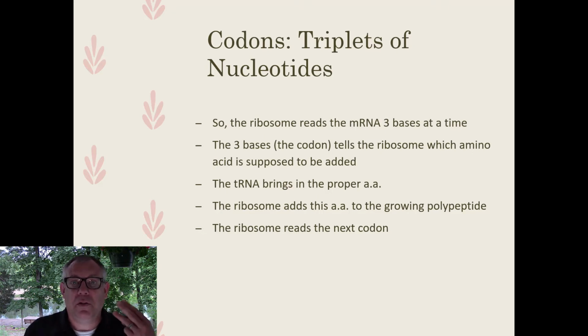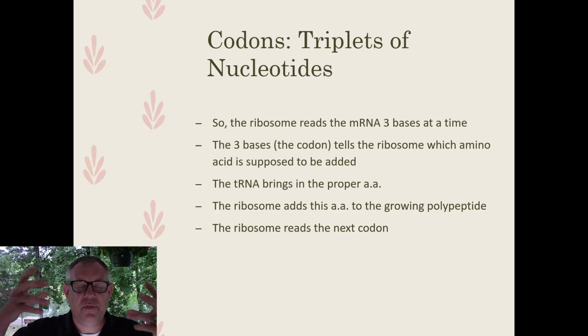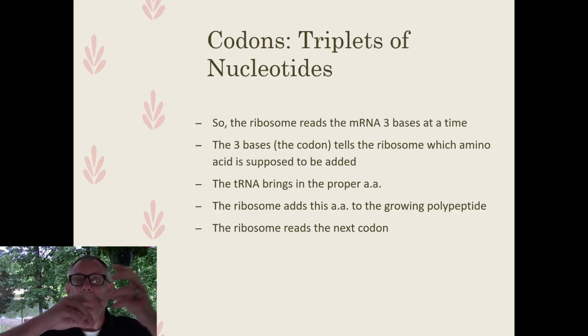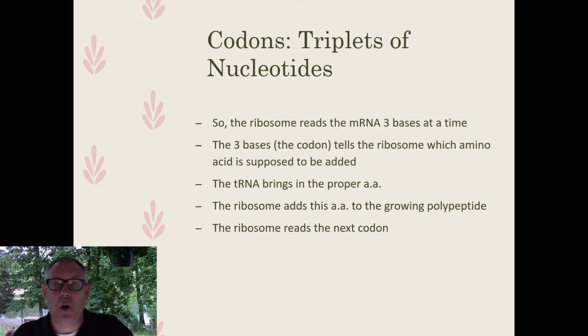So then the tRNA brings in that proper amino acid. The ribosome catalyzes all these reactions. Remember, this is RNA and protein. It's a big kind of, almost like an enzyme. So it's going to take this new amino acid, add it to the end of the polypeptide that's been growing, and then shift over to the next codon and get the next amino acid, and then shift over to the next codon.